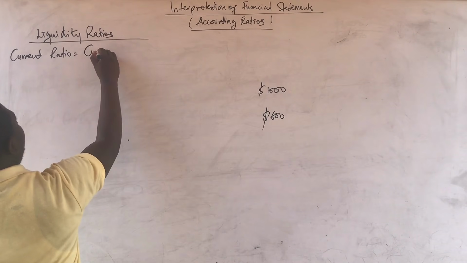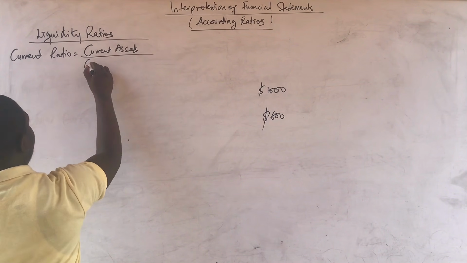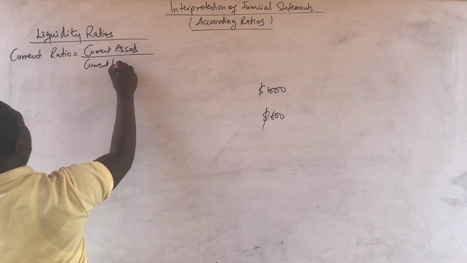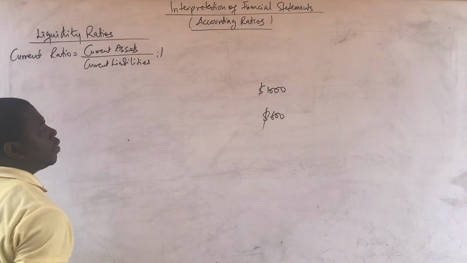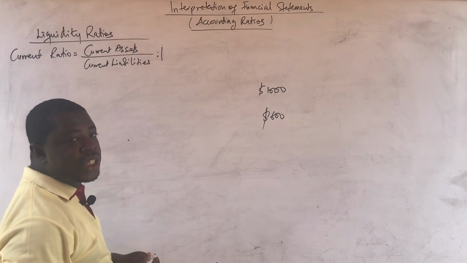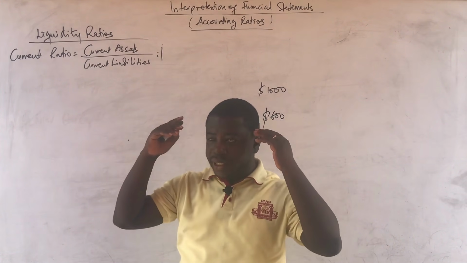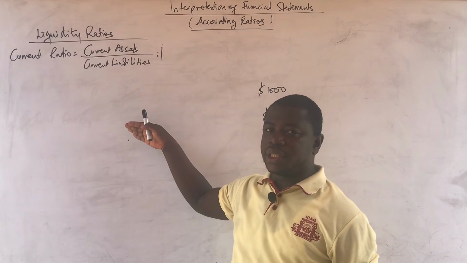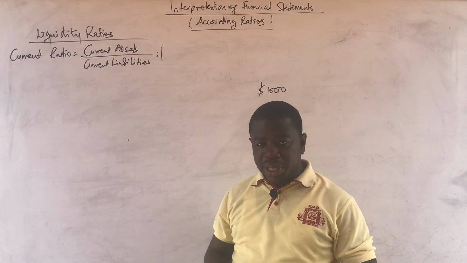So that is your current assets over your current liabilities is to 1. Very, very important. Well, even if you see a formula and then the is to 1 is not there in your mind, it should be there. So you have to bring it. Current assets over current liabilities is to 1. I'm going to teach you the meaning of the is to 1.